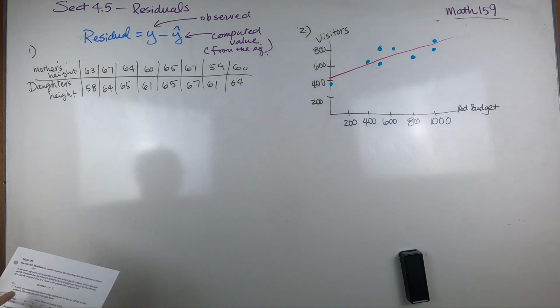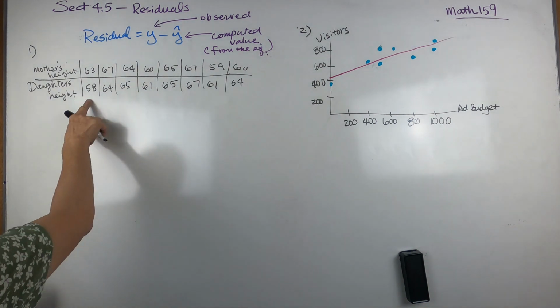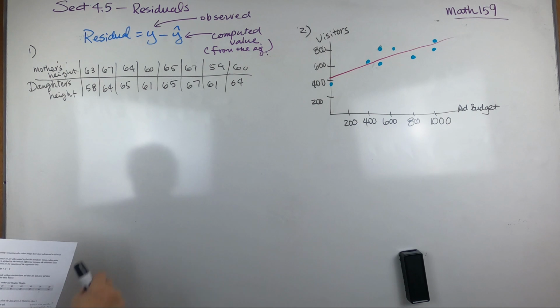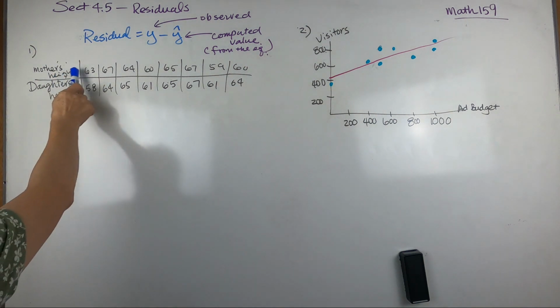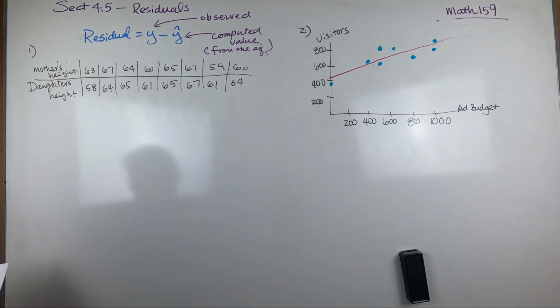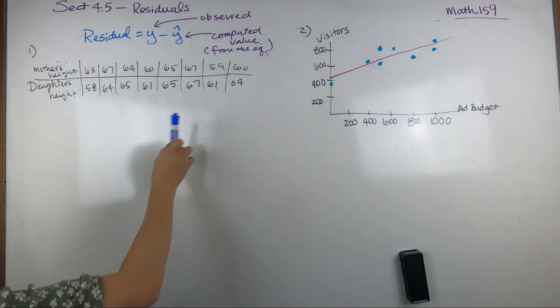It says a study was conducted asking female college students how tall they are and how tall their mother is, and the results are shown in the table. So 2, 3, 4, 8 people they asked. That's the mother's height, and that's the daughter's height.